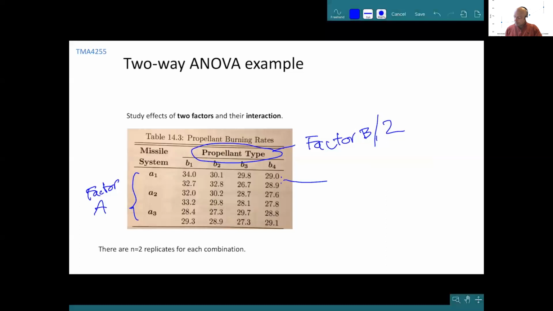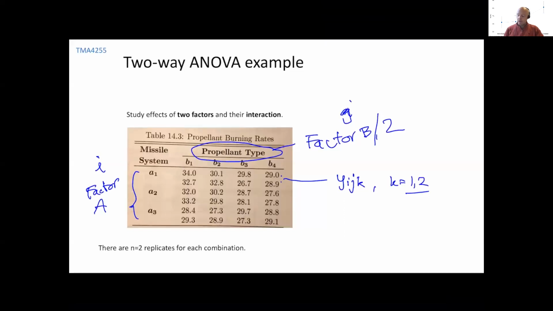So this would be y_ijk, where i is for this factor, j is for this factor, and then we had k, where k is 1, 2. That's the replicates here. And since we have replicates, we can estimate all effects and all interaction effects, and we can also say something about the noise in our model.